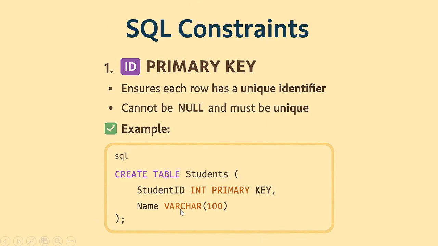Then we have other attributes. For example, here we have the name. We can have more attributes like address, email address, hobbies. We can have a lot of things in this table, but as example, we have here just the name.